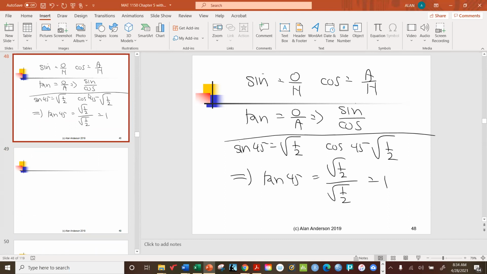So this is why we only really need to calculate the sine and cosine in our unit circle. All right, so let's see, what can we do next? How about the cotangent? So the cotangent is just the inverse of the tangent. All right.